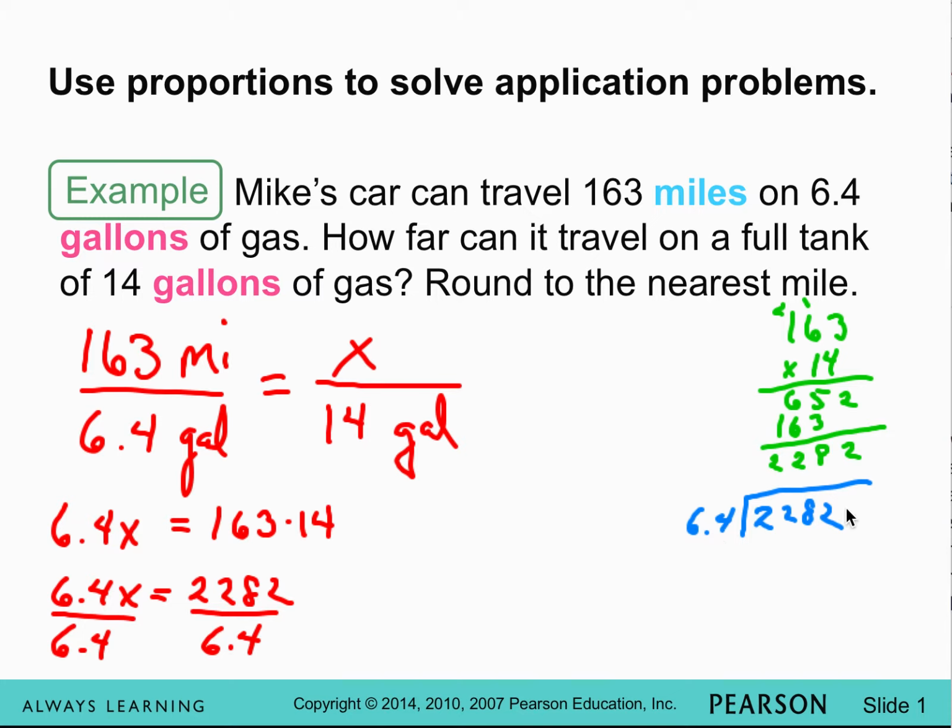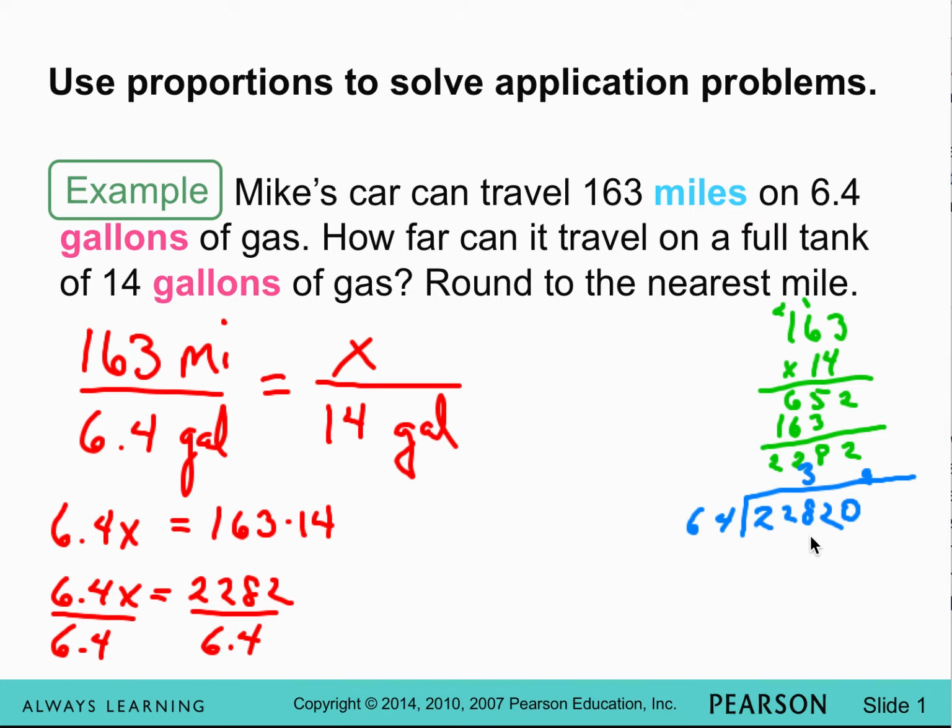So I'm going to move my decimal one place here, which means I'm going to add a 0. So 64 doesn't go into 2, doesn't go into 22. So let's try, and remember, I am now dividing by 64. I moved that decimal. And I don't know how much it goes into 228, but I know 6 goes into 22 3 times, so let's try that.